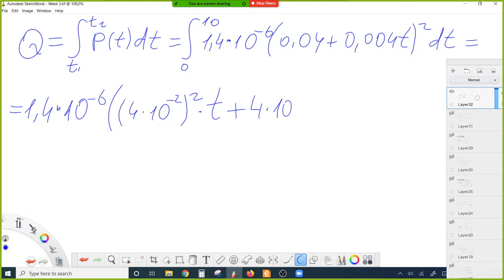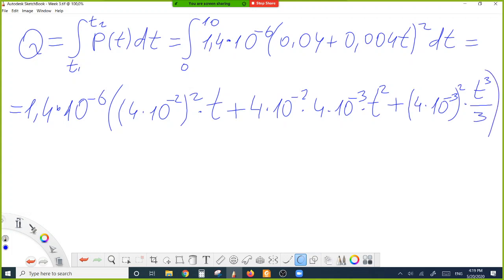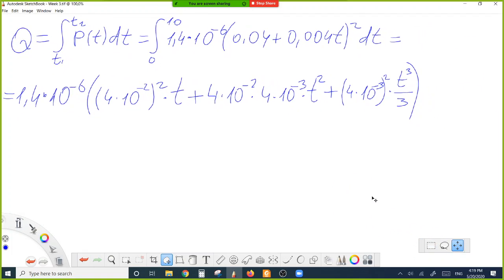4 10 to minus 2 multiplied, 4 10 to minus 3 multiplied by t squared, plus 4 10 to minus 3 squared by t to the power 3 by 3, and all this computed from t1 equals 0 up to t2 equal to 10.